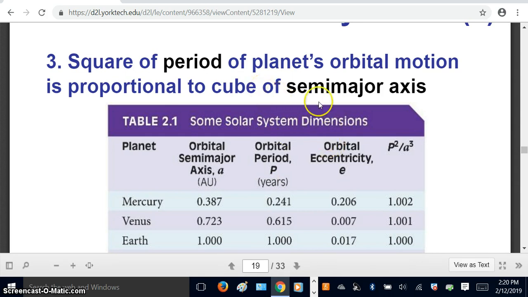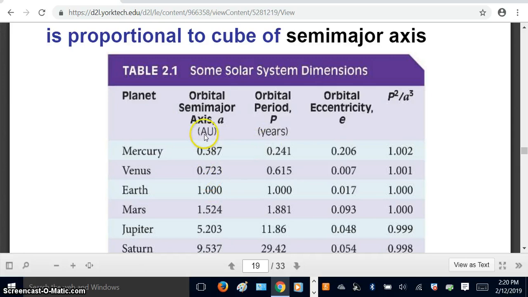That is mathematically proportional to the cube, the third power, of the semi-major axis. And the semi-major axis is measured in astronomical units. For example, for the Earth, that's one astronomical unit.